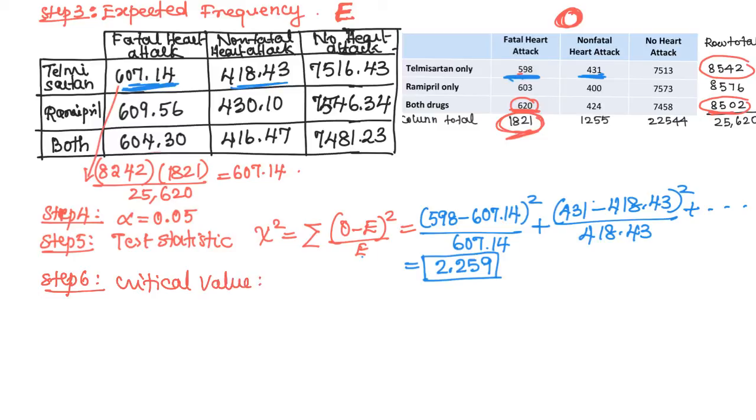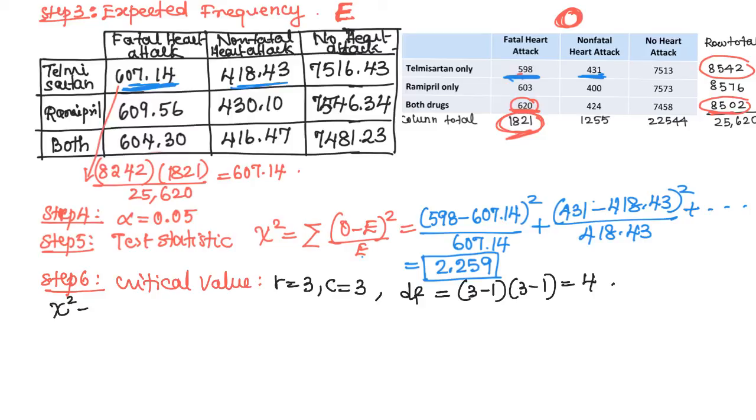So for the critical value, we need to find the degrees of freedom. So there are 3 rows, so R is 3, there are 3 columns, so degrees of freedom is (3 minus 1) times (3 minus 1), that is 4.